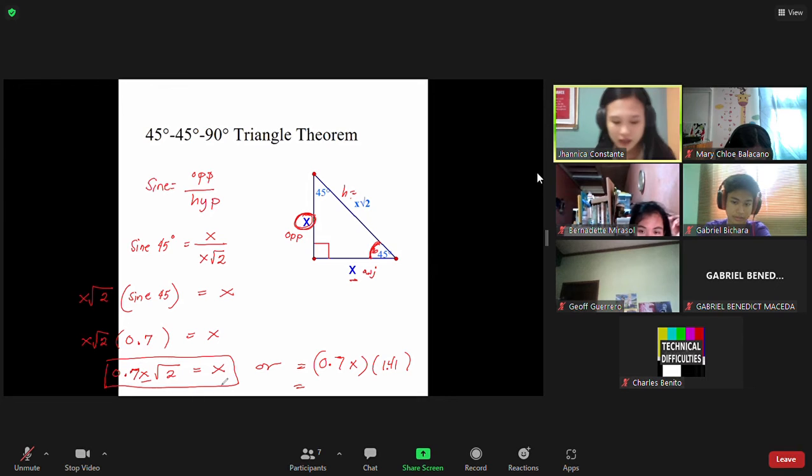So we have 1.41 times 0.7, which is equal to 0.987x.